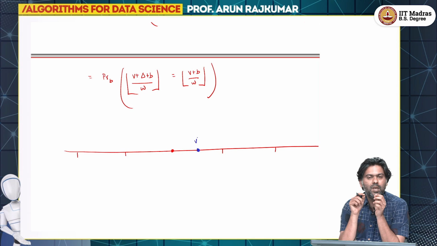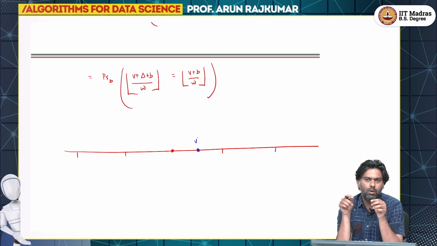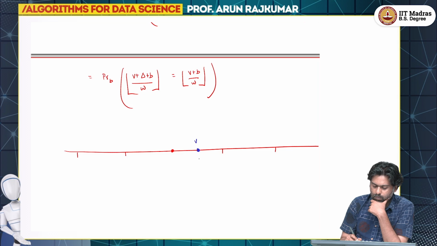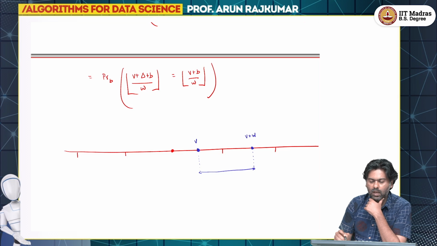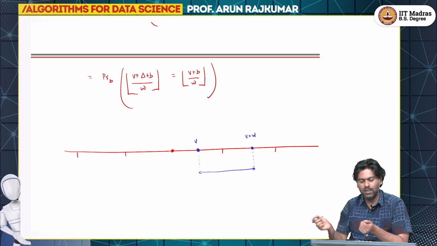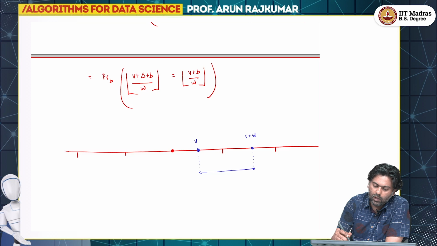Now, V plus B can be anywhere between 0 and W, uniformly anywhere between 0 and W. So, which means that V plus B can be anywhere uniformly between V and V plus W, right. So, this is V plus W, V plus B can be anywhere here depending on what B is. B is some number between 0 and W.